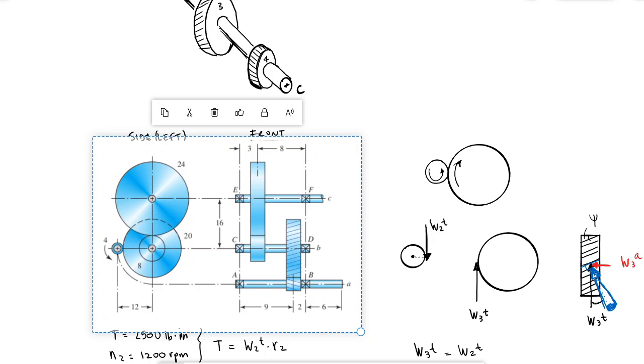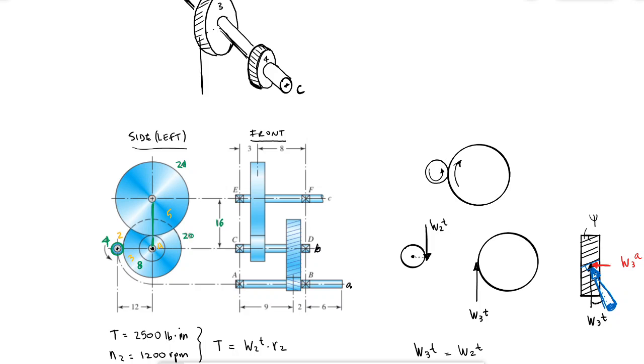All right, so if I look at those forces, I'm going to see here the tangential force, and I'm going to see the axial force, and I'm going to build this 3D view.